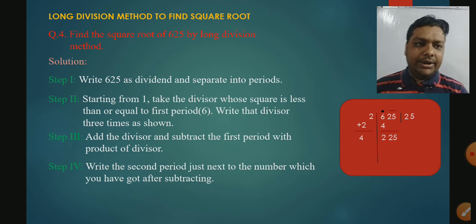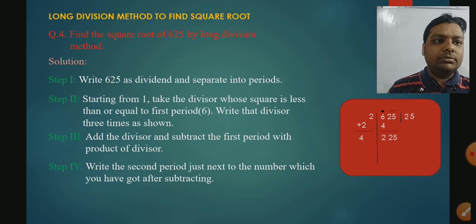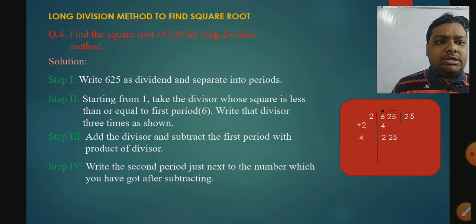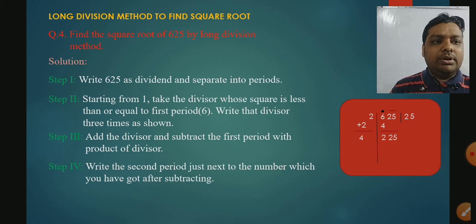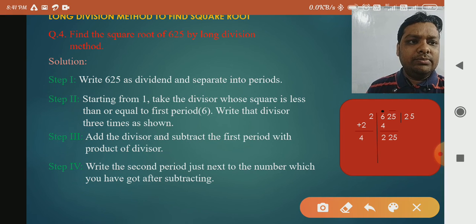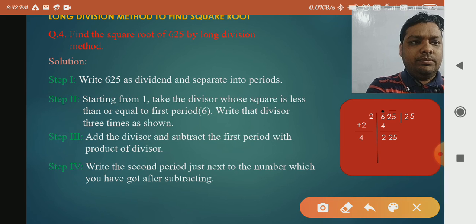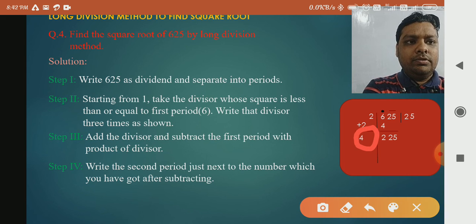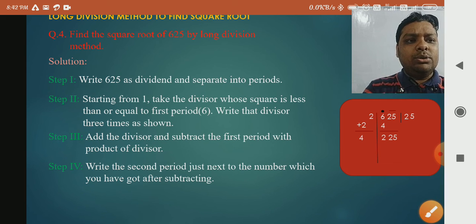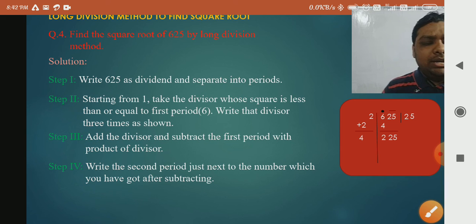Okay students, now after that, here just beside the number we get after adding 2 and 2, we get 4. Just beside this number we will again start with 1.